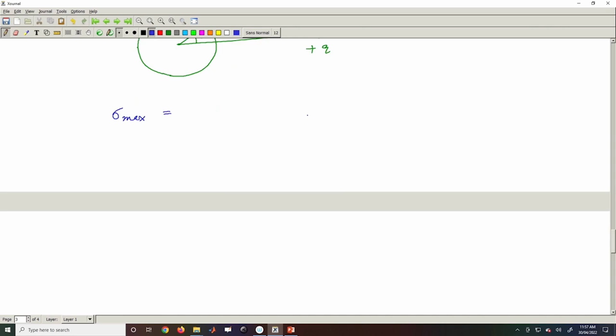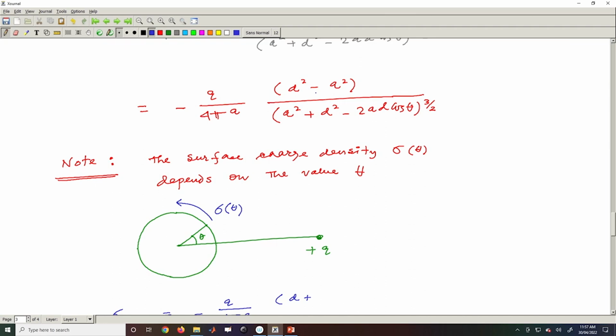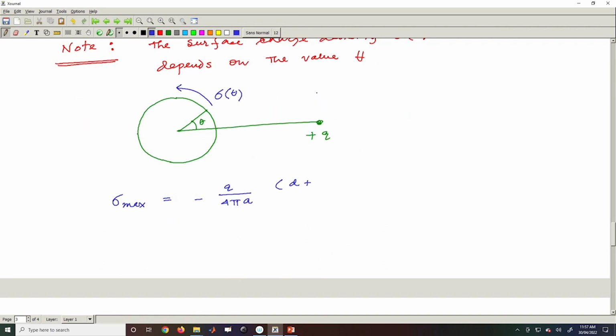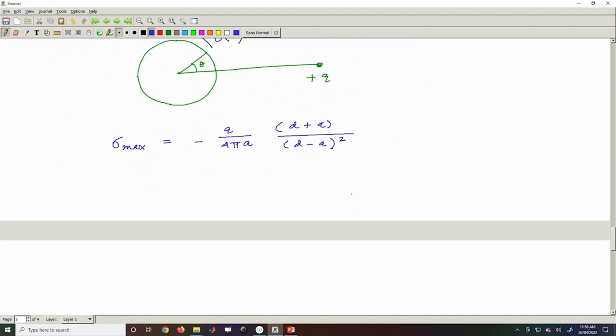So if that is the case, I have q divided by 4 pi a, and in the numerator we have d square minus a square. So I can write it d plus a into d minus a, then this d minus a is going to cancel out by one d minus a that we are having in the denominator. So it should be d plus a divided by d minus a, and it has to be square because it is cube. So this has to be square.